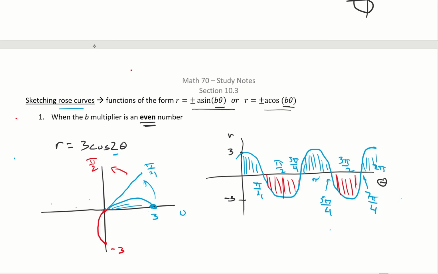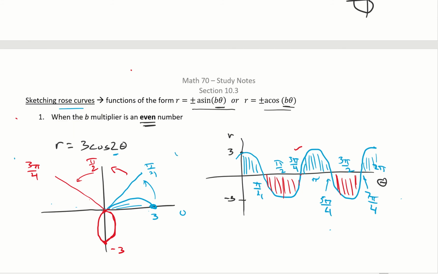Then you reach 0 by the time you get to 3 pi over 4. So if you mark out 3 pi over 4, what happens is you're swinging in this direction and you get less negative until you reach 0, like that, okay? Do you see what's happening is we're starting to sketch out these petals, if you will, these lobes. We're going to go positive now.